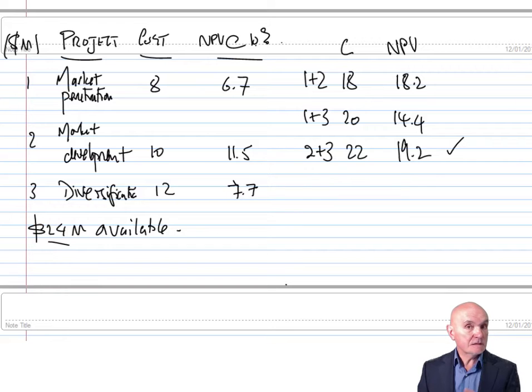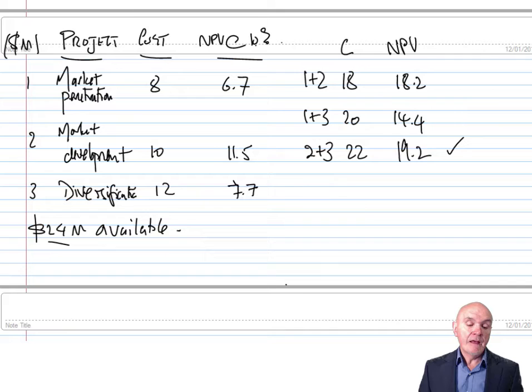Market development means, as I say, maybe trying to push a product abroad and may well not work. And then diversification is, of course, potentially very risky indeed. And I think we do have to maybe at least think, is it right to discount all of these projects at 10%? Or should we have done maybe project 1 at 10, project 2 at 15, maybe project 3 at 20, some sort of risk-adjusted discount rate?